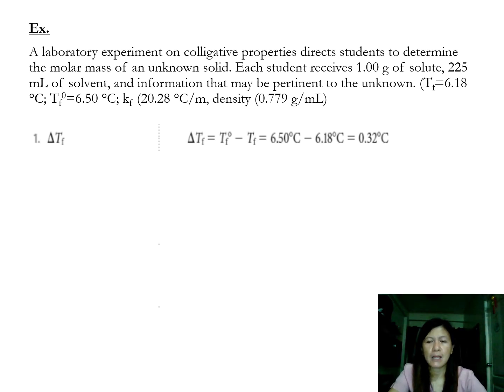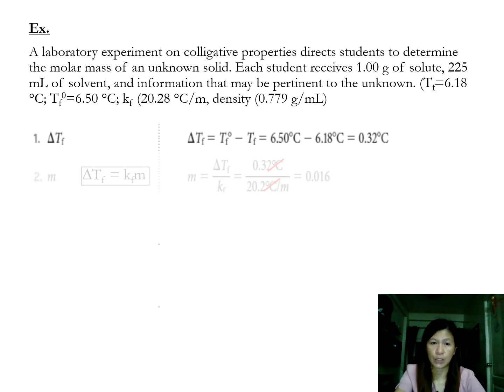That may be determined by the formula of freezing point depression as the difference of the freezing point of the pure substance minus the freezing point of the solution. The freezing point of the pure substance is given at 6.50 degrees Celsius. Minus 6.18 degrees Celsius is the freezing point of the solution. Getting the difference, the freezing point depression is 0.32 degrees Celsius.